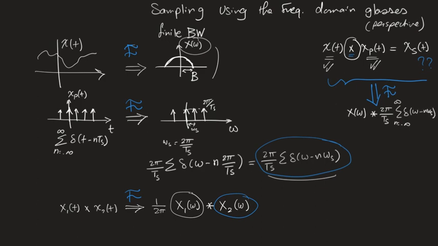And then don't forget that there is a 1 over 2 pi here from the properties table. So that whole expression, when I can evaluate this convolution, is going to give me what X_s will look like in the frequency domain, which is what I was seeking from the beginning.